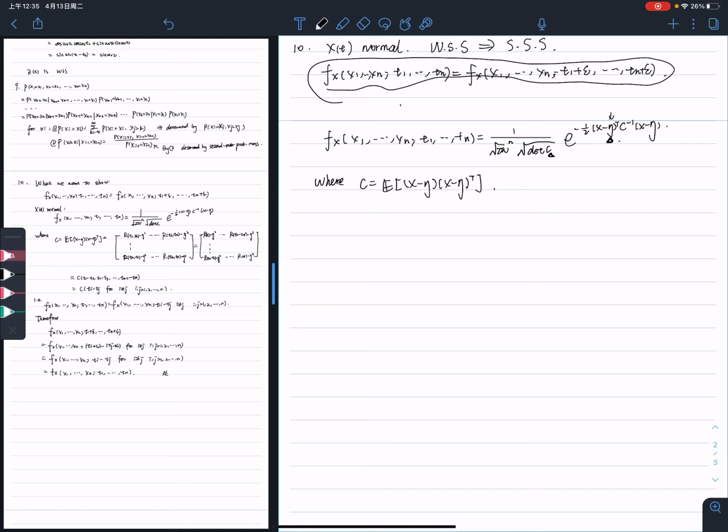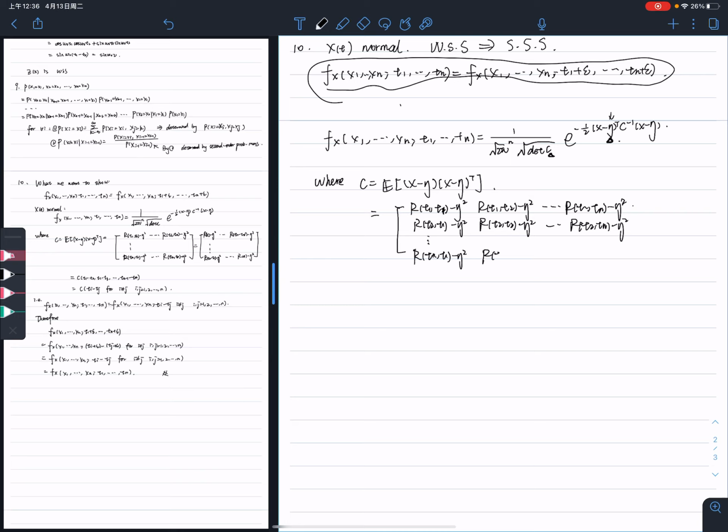So the entries are R(t1,t1) minus eta square, R(t1,t2) minus eta square, up to R(t1,tn) minus eta square, and then R(t2,t1) minus eta square, R(t2,t2) minus eta square, up to R(t2,tn) minus eta square, and R(tn,t1) minus eta square, R(tn,t2) minus eta square, up to R(tn,tn) minus eta square. So this is the covariance matrix.